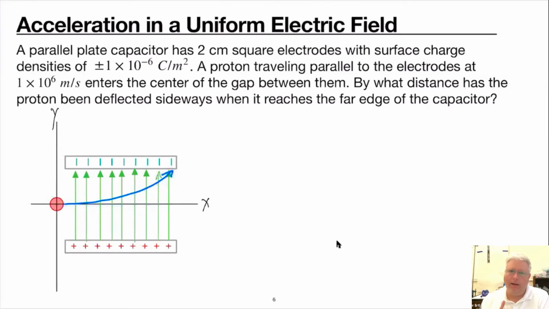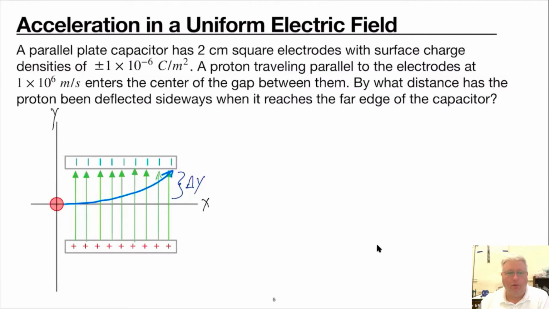But all we care about is, by what distance has it been deflected sideways? That essentially means this distance here, which we could call delta y. Sideways is essentially along the y-axis.